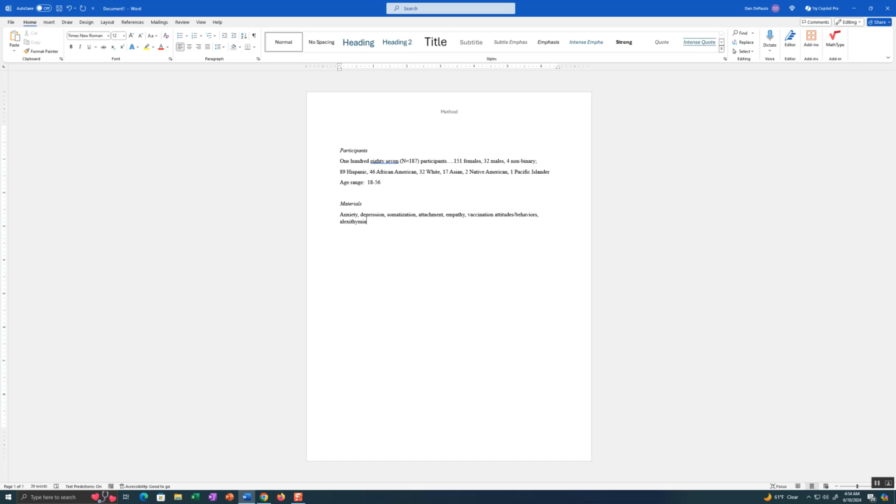So I would say something along the lines of the Emotional Closeness in Relationship Scale was used to measure attachment style. This scale consists of 36 items that are measured on a 7-point Likert scale. And then I would give the reliability of the scale, and I would give some of the validity of the scale if I have that information.